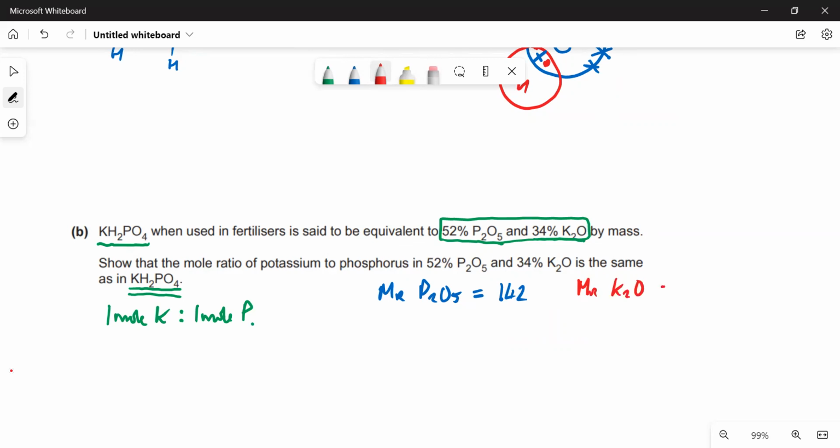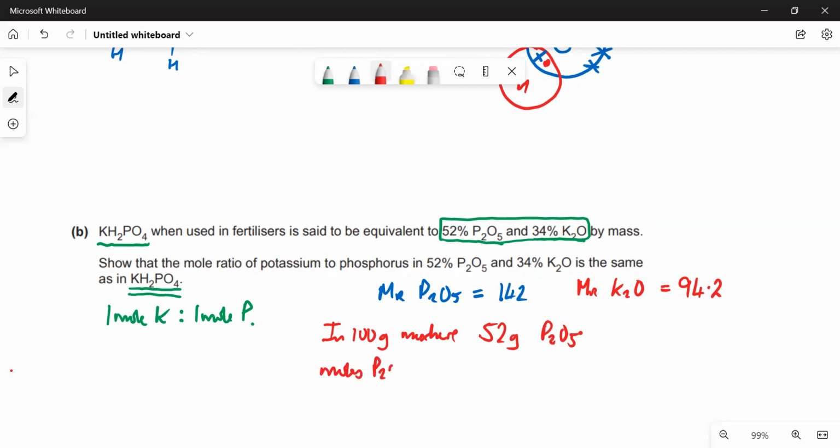Potassium is 39.1, oxygen is 16, so that gives us 94.2 for that. Okay, so let's say in 100 grams of this mixture, we're going to have 52 grams of P2O5. What's the moles of that?